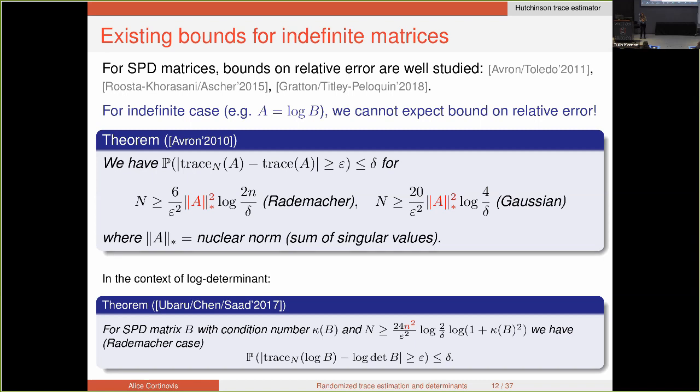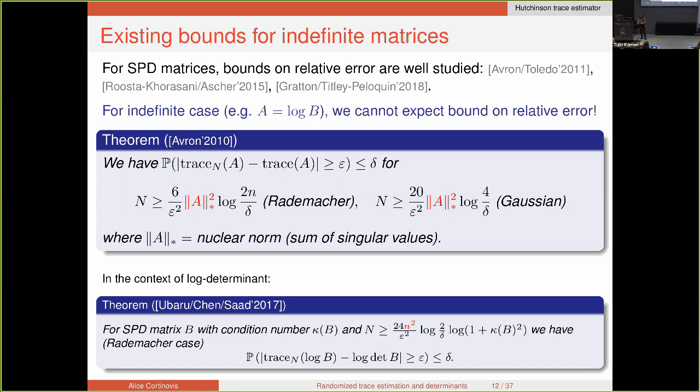Let's say for symmetric positive definite matrices, there's more literature on this problem. But for the case in which A is the logarithm of a symmetric positive definite matrix, we need bounds for indefinite matrices. Even if B is a symmetric positive definite matrix, the logarithm of B may be indefinite.